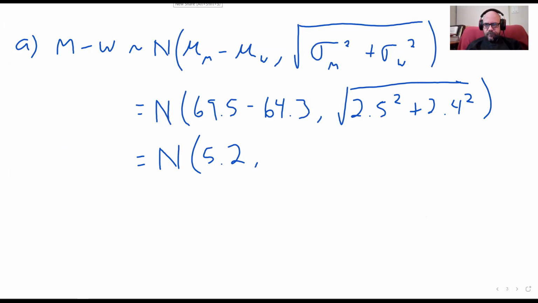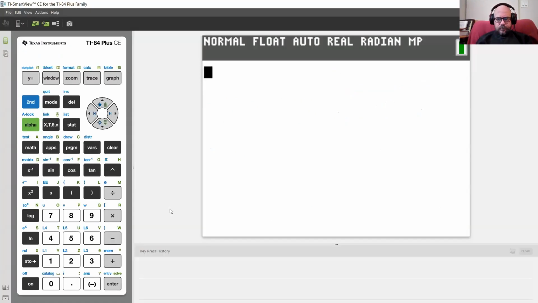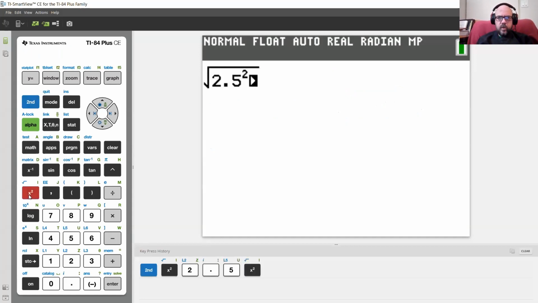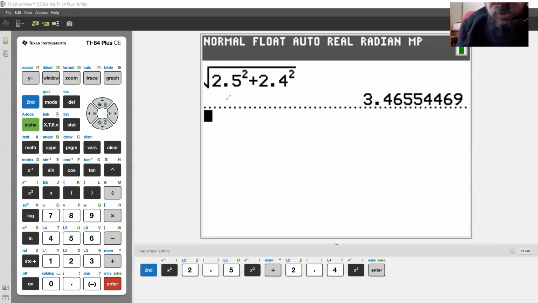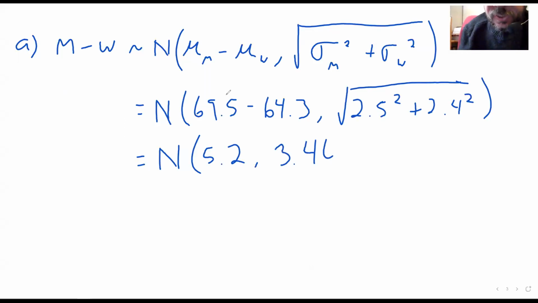Where is my calculator? All right, so we've got the square root of 2.5 squared plus 2.4 squared. That gives me 3.466, we'll call it, which is of course bigger than either one.